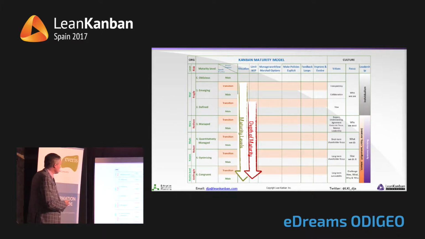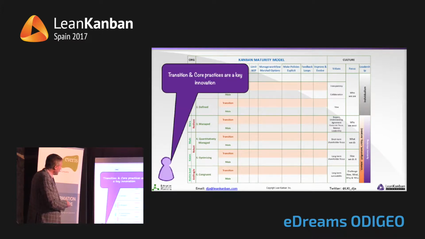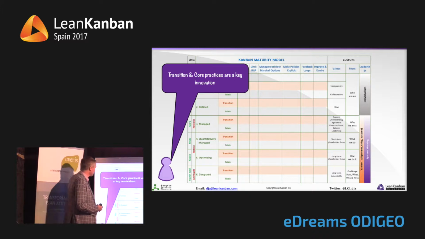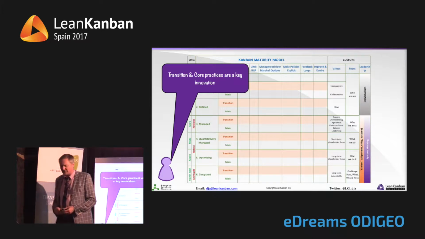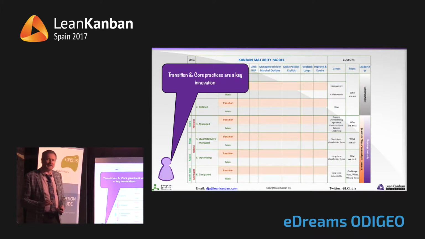Another innovation that's on this chart is that each of the levels is divided into what we call transition practices, and in this diagram it says main, but you'll see in the more recent version it's called core. If you are at level 2, you can implement level 3 transition practices with relatively little or no resistance, but they will not get you to level 3.